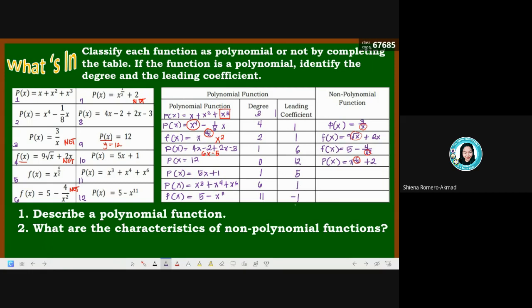So what is the importance of this? We have to identify the degree and at the same time, the leading coefficient. Kasi nga kanina, as I have mentioned, we are going to have leading coefficient test.